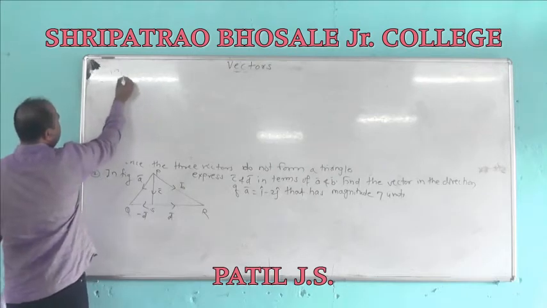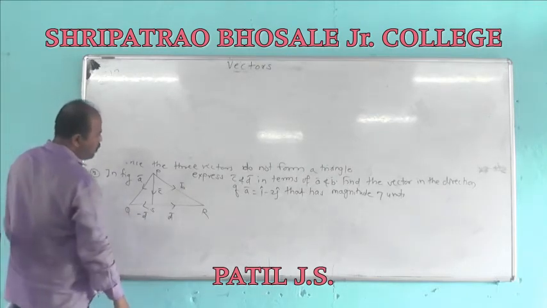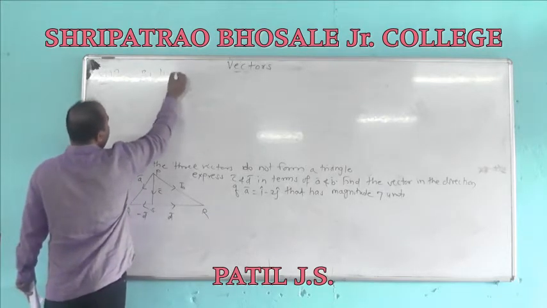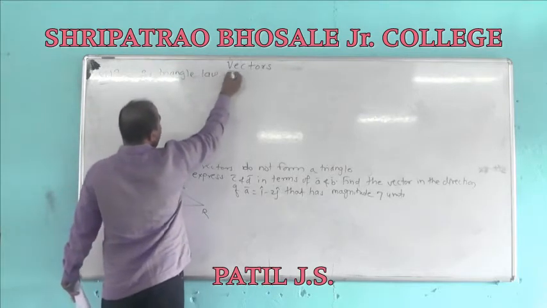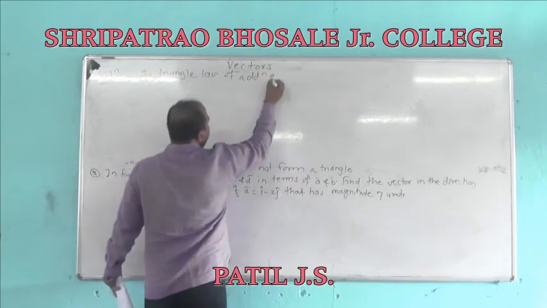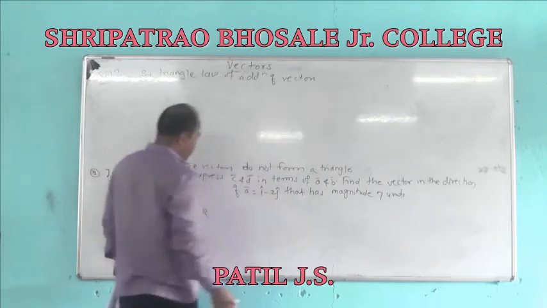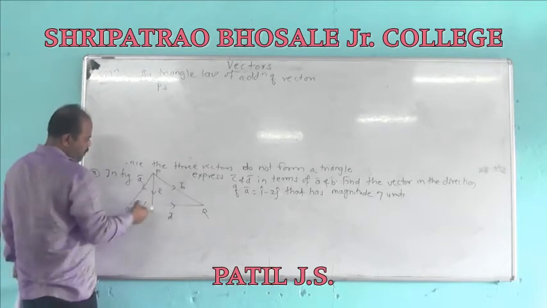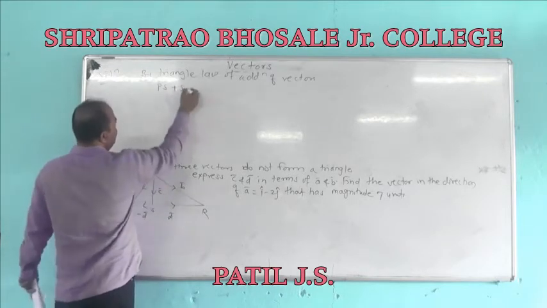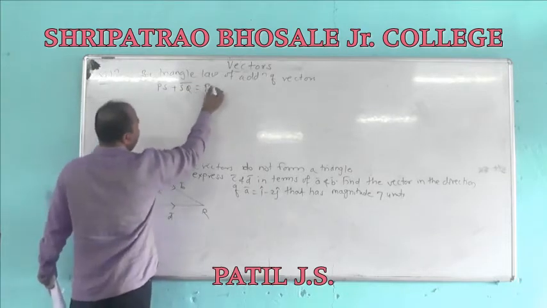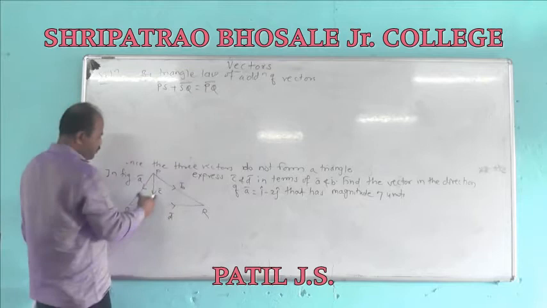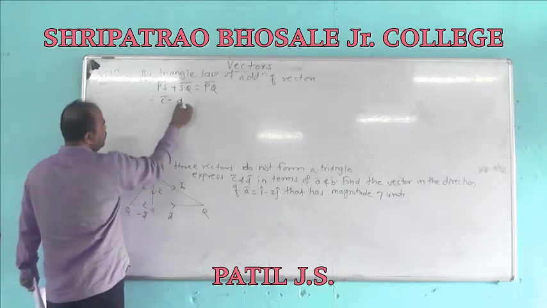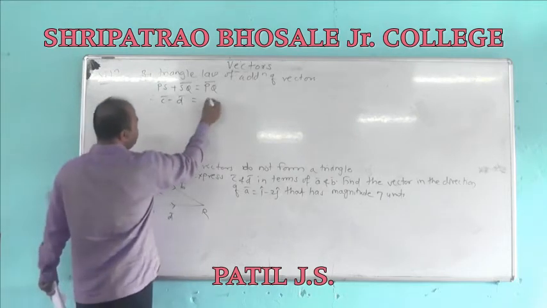Solution. First, in the figure, by triangle law of addition of vectors, PS plus SQ is equal to PQ. That means PS means C bar, SQ means minus D bar, equal to PQ means A bar.